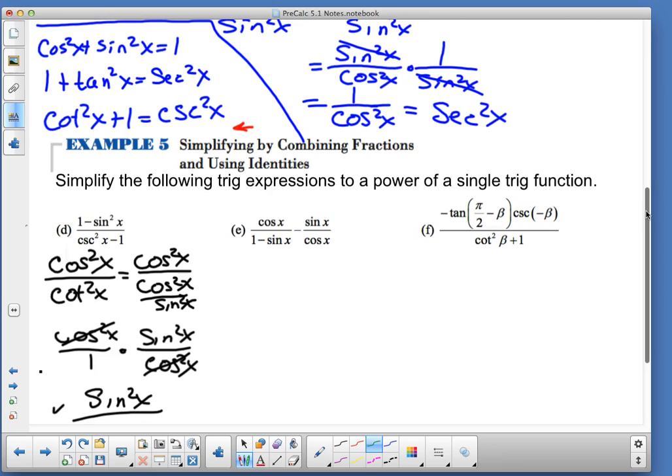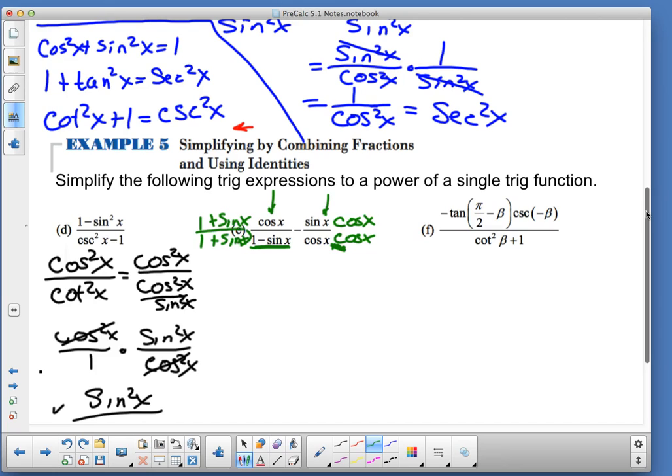So this next one, I'm going to take this half, and I'm going to manipulate the denominator. I'm going to take this half, and I'm going to manipulate the denominator again. On the right side of the minus sign, I'm going to multiply the top and bottom by the cosine x. On the left side, I want to take advantage of the difference of two squares, and I'm going to multiply both the top and the bottom by 1 plus sine x.